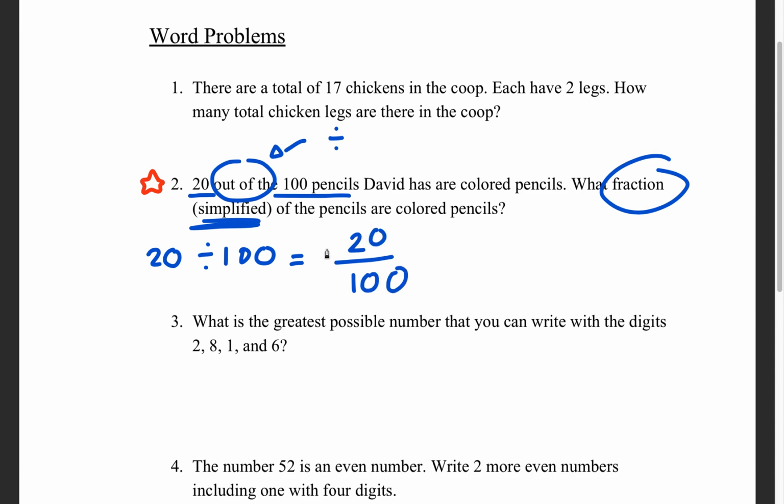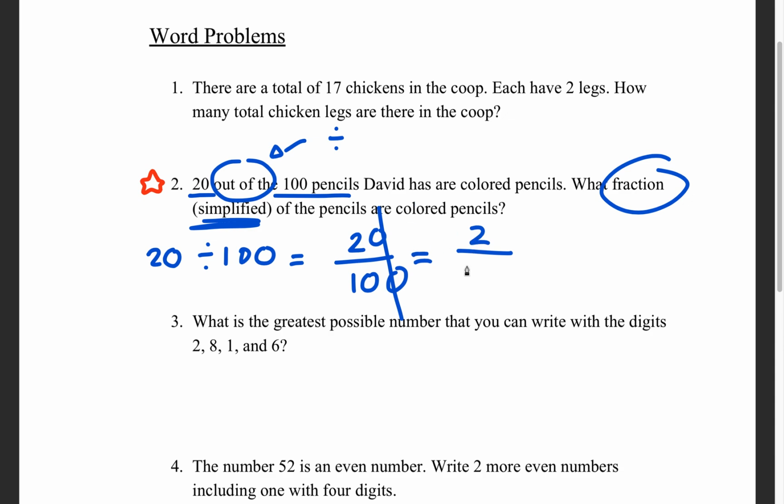But it says simplified, so that means we have to reduce it. They're both divisible by the same number. For example, they're both divisible by 10. You could tell by the zeros. So you could cross out the zeros, if they both have zeros at the end.